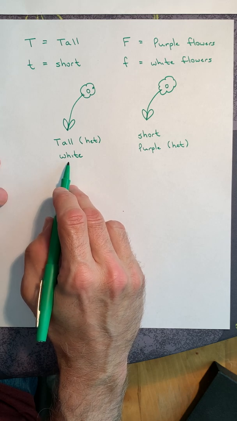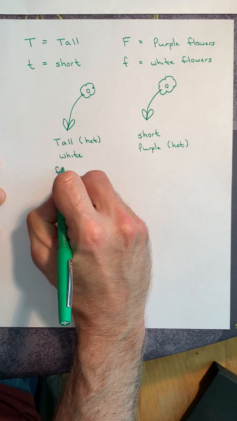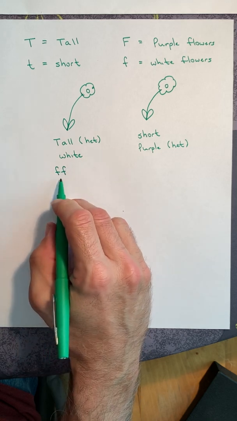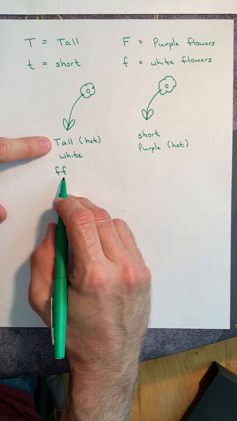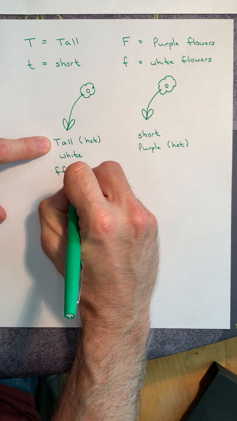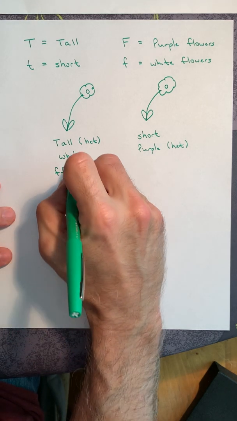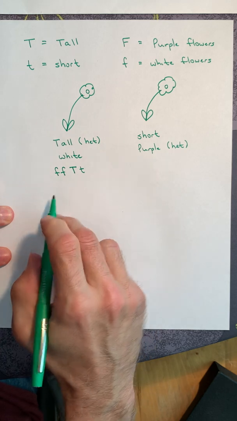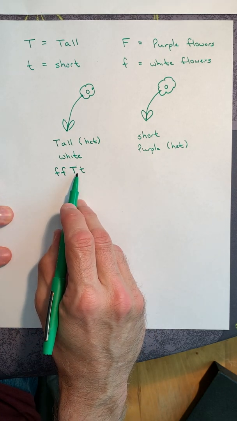So the genotype for this parent for its flower color is little f, little f. And then for the height, it's a tall plant, which means it carries and expresses the dominant allele, the capital T. But the problem told us that this parent is a heterozygous tall, which means it's big T, little t. So here is your white flowered plant that is heterozygous for tall.